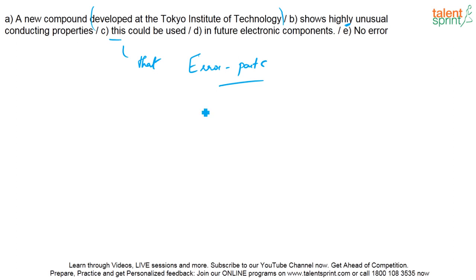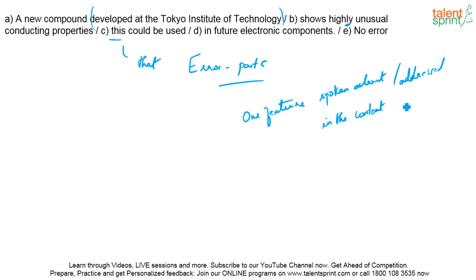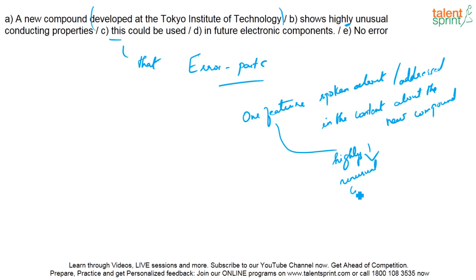There could be so many features about the new compound, but there's only one feature being addressed in the context about the new compound. What is that feature? Highly unusual conducting properties.